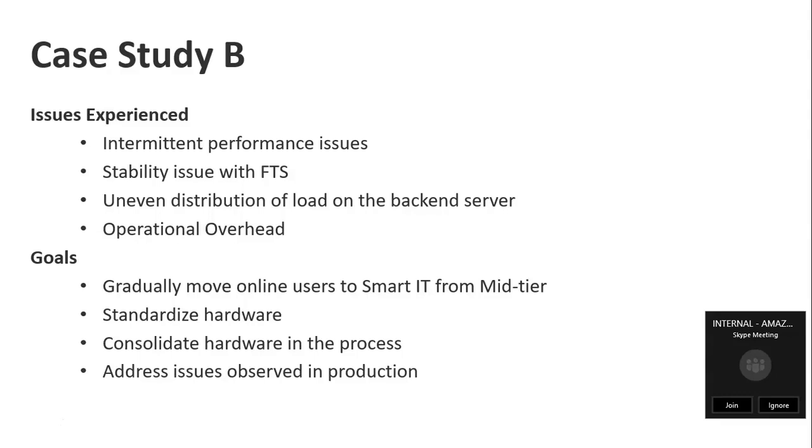They wanted to standardize on the hardware. In the previous environment, there were different configurations for hardware. Some had a different footprint for CPU versus memory, and that made it difficult for them to understand whether each of the servers had sufficient capacity to support the activities it was dedicated to. They also wanted to consolidate the amount of hardware footprint they were using.